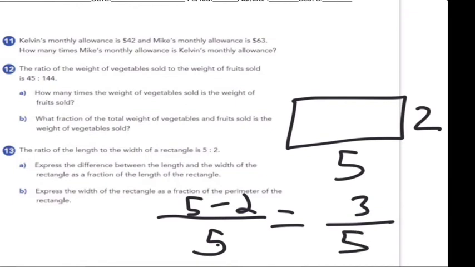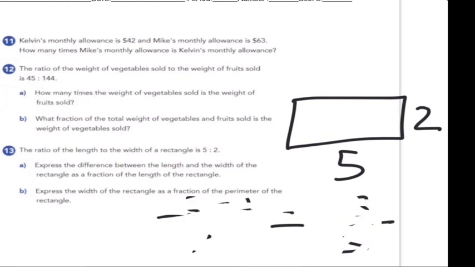Express the width of the rectangle now. Let me just erase this. Now it says express the width of the rectangle as a fraction of the perimeter of the rectangle. So we need to work on the perimeter.